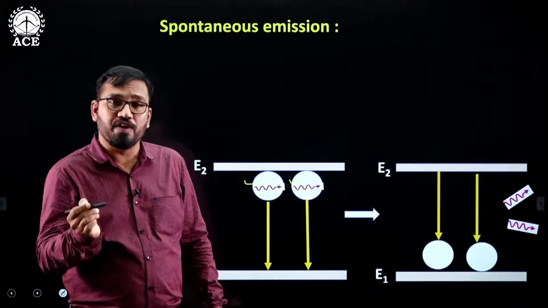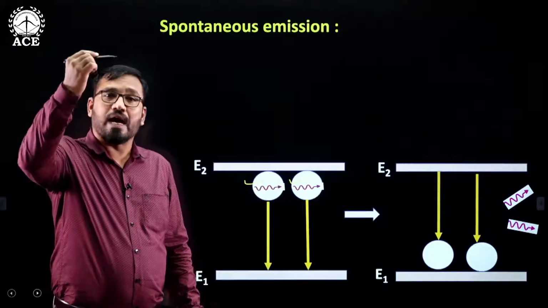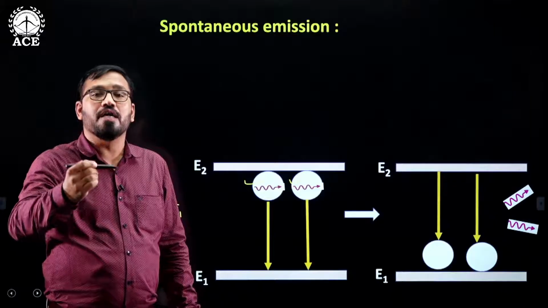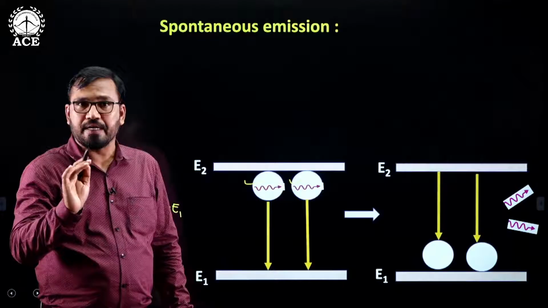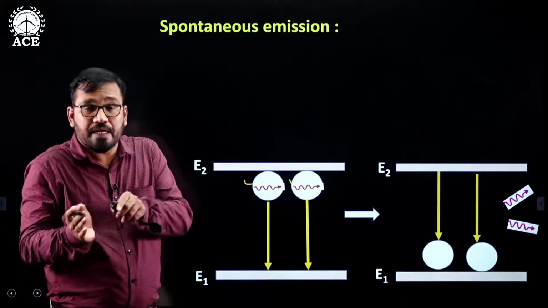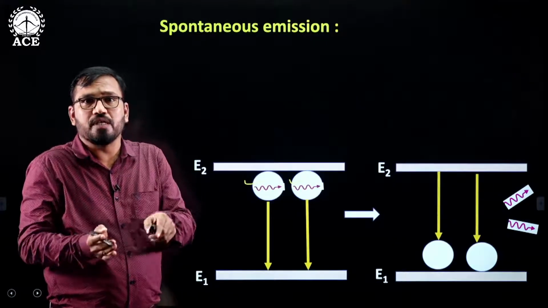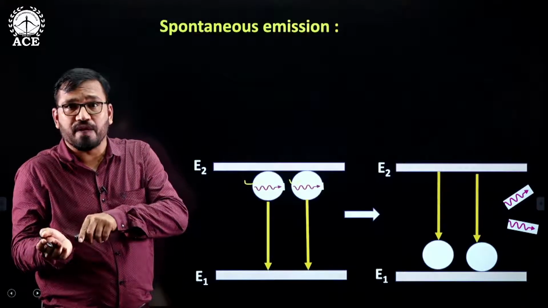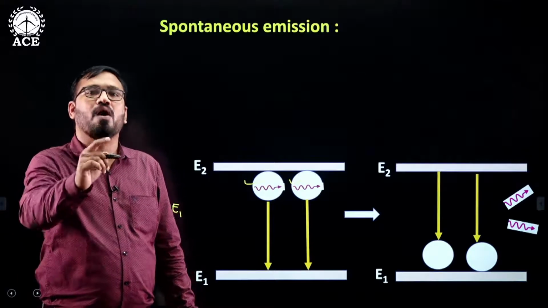When the atoms transition from a higher energy level to a lower energy level, they emit the photon in a random direction. The emitted photons will not maintain uniformity, a constant phase, or one particular direction. So their frequency will be different, and when the frequency of light is different, you get different color light. Different color light is nothing but ordinary light.